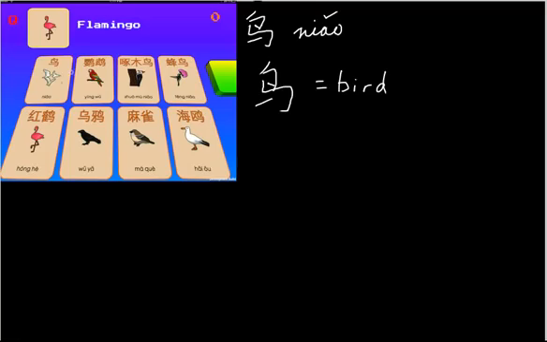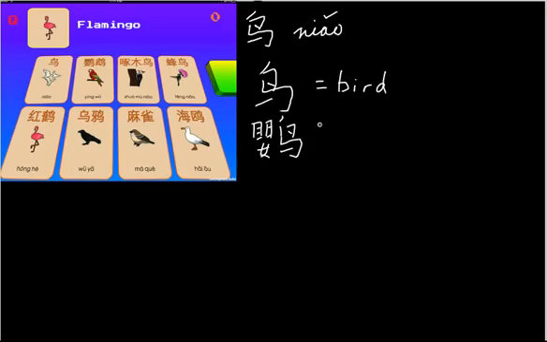So the next frame to the right, you see a parrot, and a parrot in Chinese is 鹦鹉, but unfortunately Chinese is a complicated language, and it's very difficult to write. But with pinyin, you really don't need to write it. You type it, and it comes out in the computer. So there's 鹦鹉.